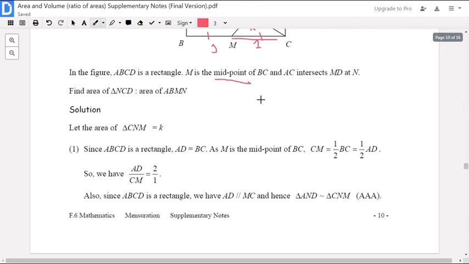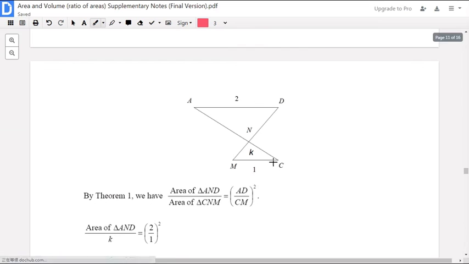Now, we can see that these two triangles, ADN and CMN, are similar, and the ratio of MC to AD is 1 to 2. So, the ratio of the area of triangle ADN to the area of triangle CNM will be the ratio of AD to CM squared, according to theorem 1.